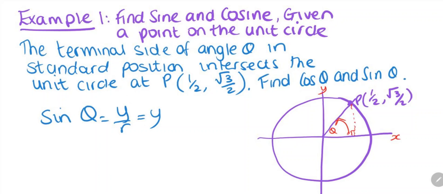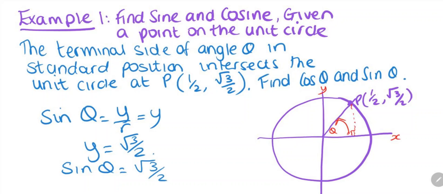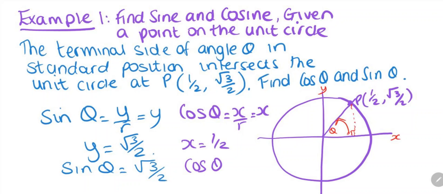If we look at our point, the y value is root 3 over 2. So the sine of theta is root 3 over 2. Our cosine of theta, we said, was x over r, which was just x. Our x value is a half. So the cosine of theta is a half.